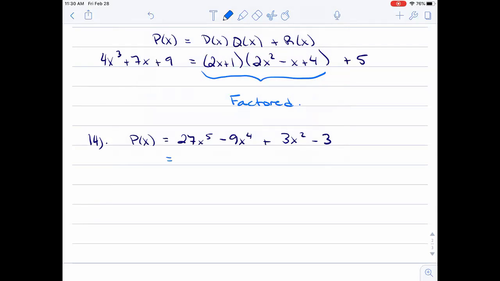Just to make a note to myself, if my highest power is 5, I have to have a power of 4, 3, 2, 1, and then 0. So I've got 27x to the 5 minus 9x to the 4 plus 0x to the 3 plus 3x squared plus 0x minus 3. So that's the one that I have to work with.